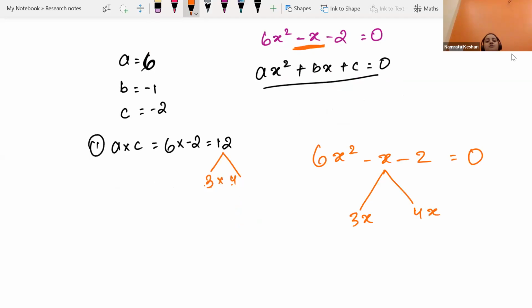Now the question is which one will be positive, which one will be negative. We have to think about that. We want to generate minus 1x. So can we take minus 4x plus 3x?